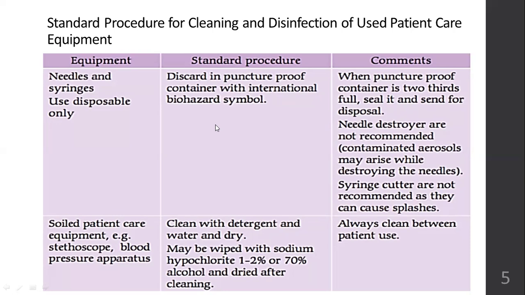Between every patient use, you have to clean it. BP machine or stethoscope, always clean or wipe it with spirit between every patient use. Every new patient, it has to be cleaned.